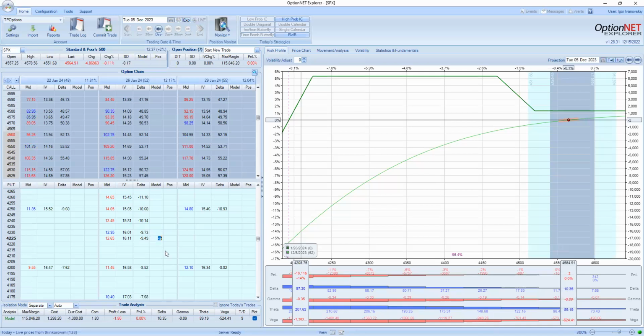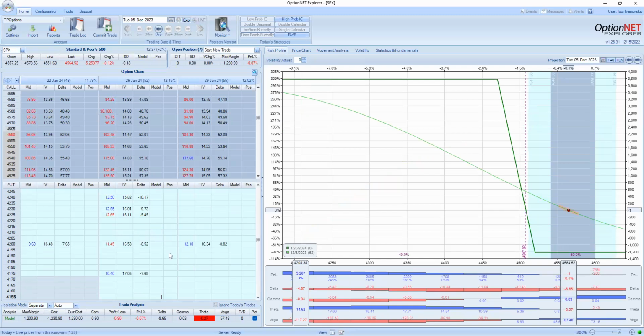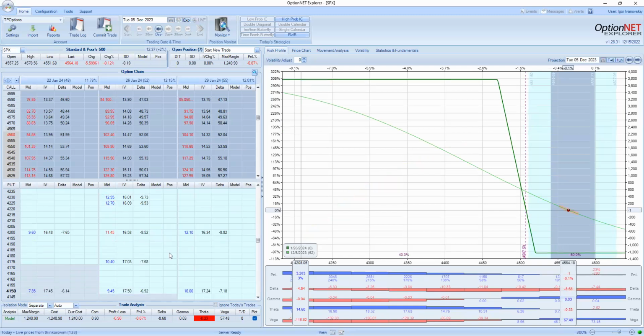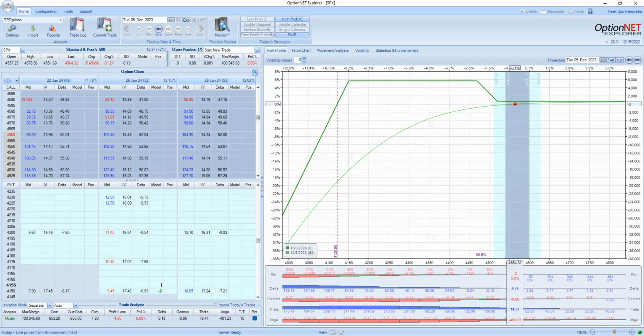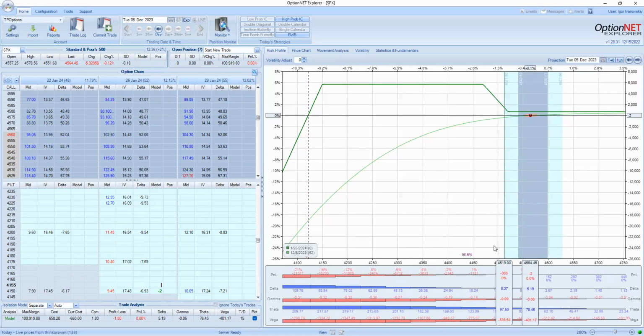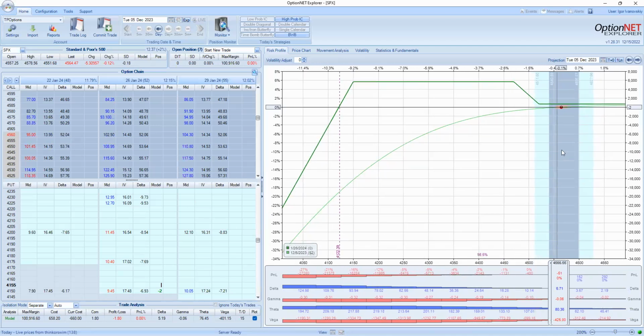But since I want to take a position that's a little more neutral, I'm going to go down to 41.50, which is currently going for $9.50. So if I sell 2 of these, you can see that my delta is now, instead of being plus 10, it's plus 5. So I have half of the directional risk than what I would normally go for.